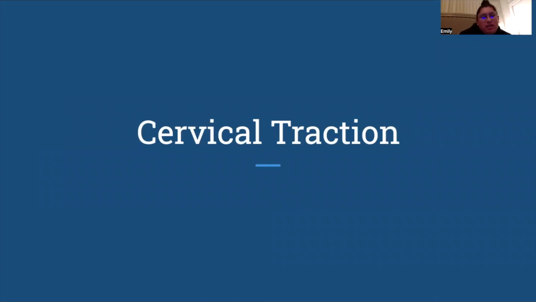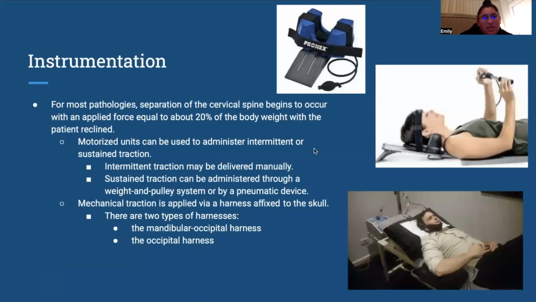Okay, so the next two parts we're going to be talking about are cervical traction and lumbar traction. So cervical traction, the instrumentation that is used for it is either a motorized unit, which can be used to administer intermittent or sustained traction.